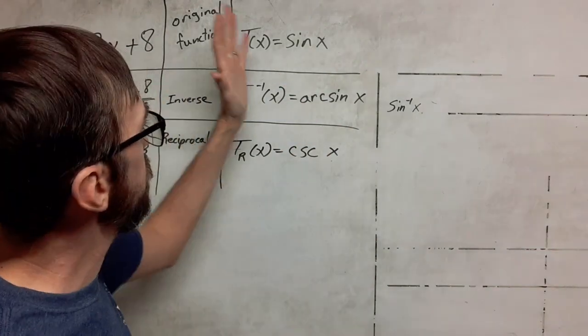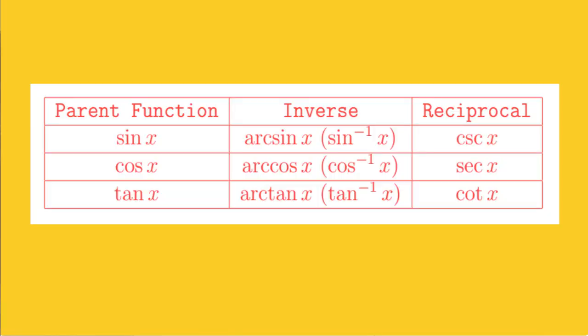So I want to go ahead and give you a chart that shows the three basic commonly taught trigonometric functions with their inverses and their reciprocals. This is a nice chart to have as a reference as you work through problems. Keep it handy and refer to it often until you get an understanding now of what these things are and do.